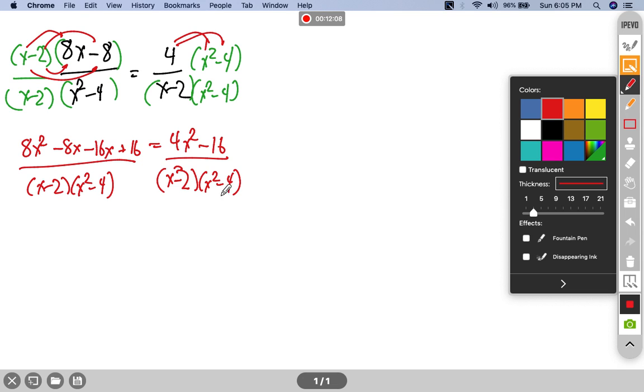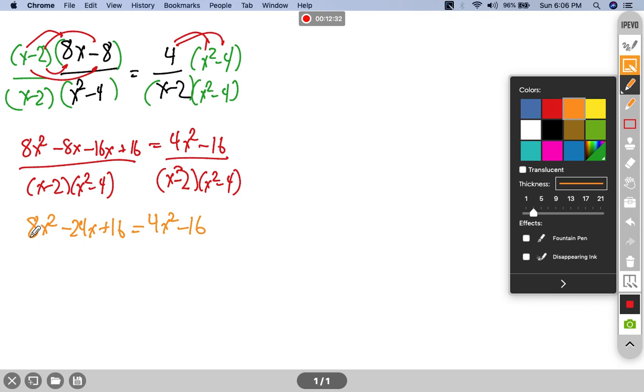So again, my denominators are the same, so I'll set my numerators equal. 8x squared, minus 8 minus 16 is going to be minus 24x plus 16 equals 4x squared minus 16. Again, I'll do the same trick.